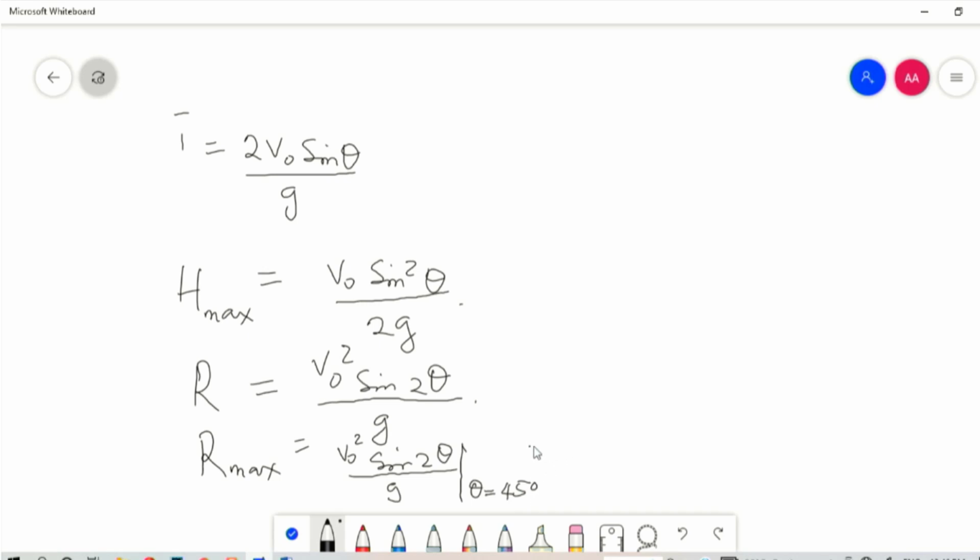So if theta is equal to 45 degree, we have v naught square sin 2 times 45, it is 90 degree, upon g, and sin 90 degree is 1. So we can write the maximum range as v naught square upon g.